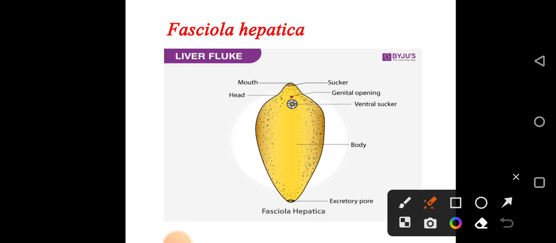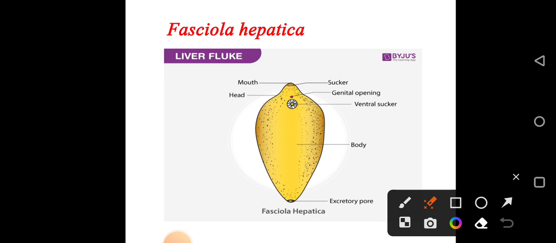The anterior sucker is situated at the bottom of the cup-shaped muscular mouth, and it is also called the oral sucker. The muscles of this oral sucker radiate from the margin of the mouth to the periphery of the sucker. This oral sucker helps in adhesion and ingestion.